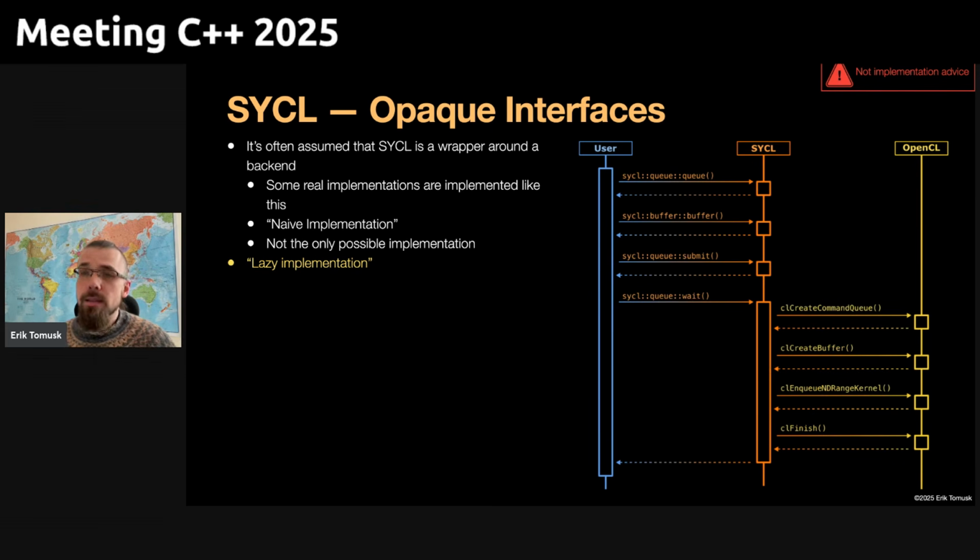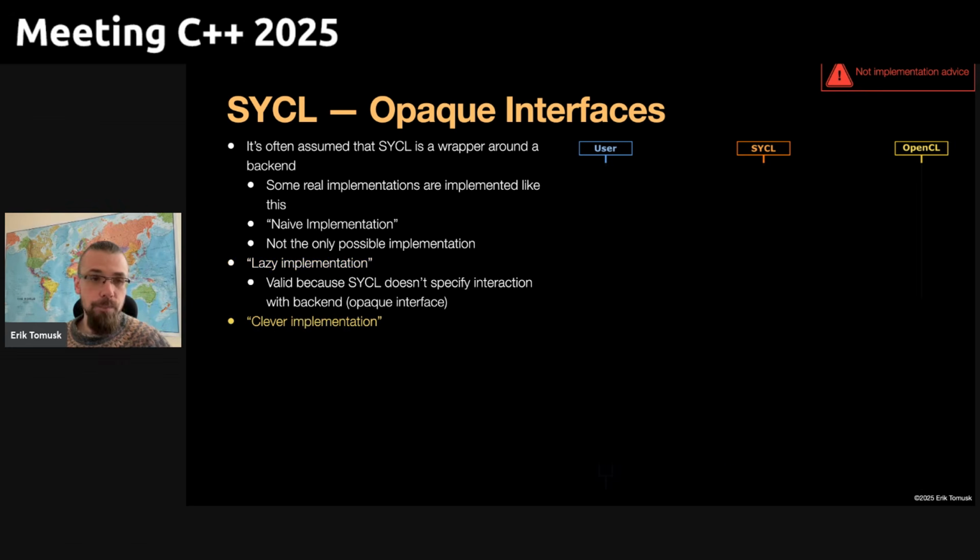At that point, the SYCL runtime decides that it's going to do all the work. So it'll create the OpenCL command queue, create a buffer, submit the kernel, and wait for the result. This is a valid implementation because SYCL interfaces are opaque. The SYCL specification doesn't tell you how the SYCL runtime should be interacting with the backend that you have.